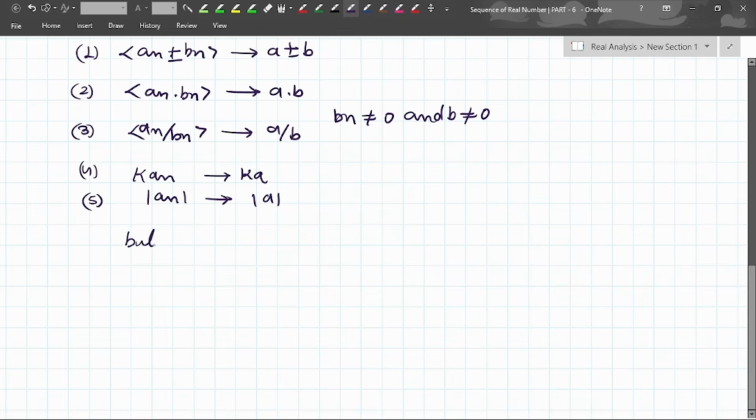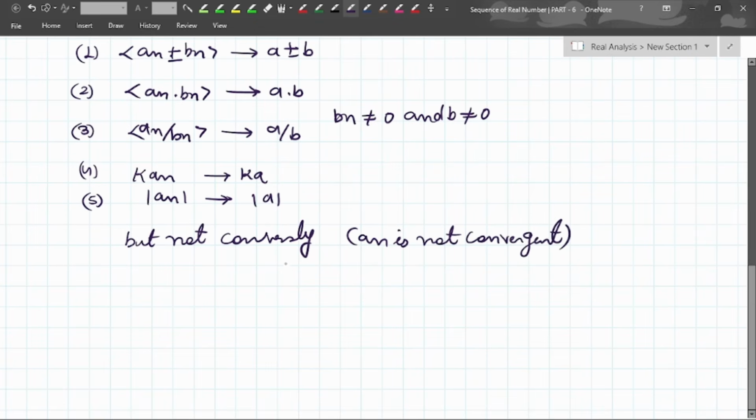But not conversely. Whatever result we have discussed is not going to be true for the converse. It means a_n is not convergent. So let's say a_n is not convergent, and I can consider a sequence like this, one of the sequences.